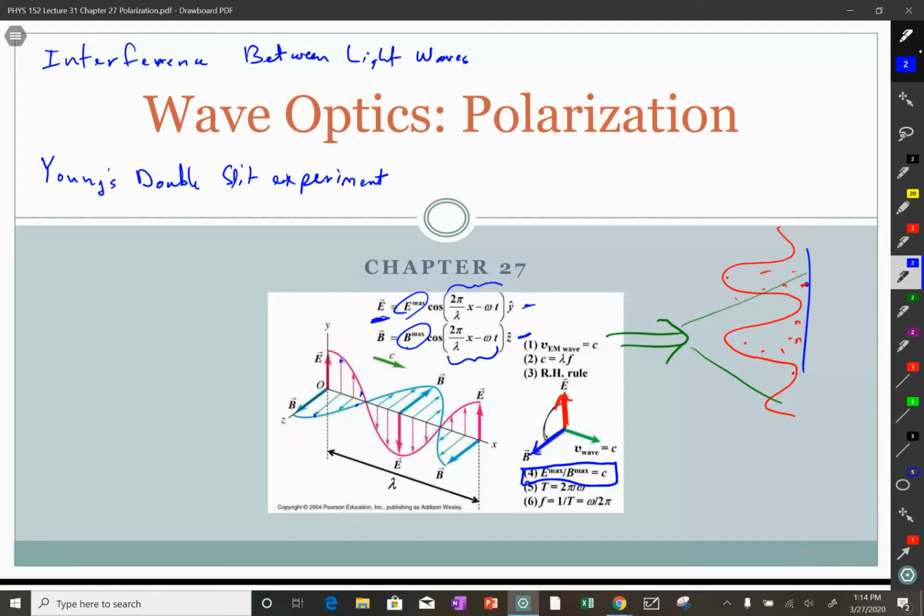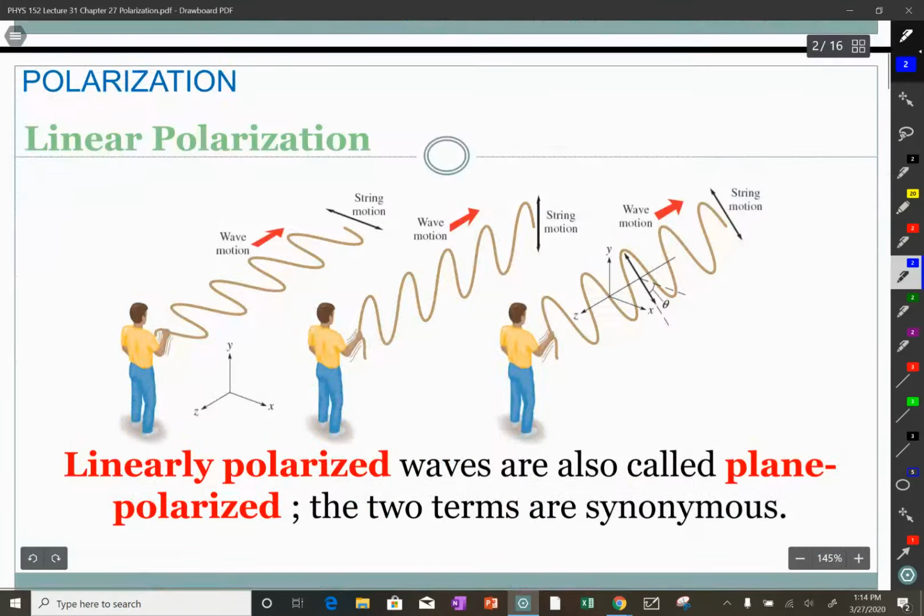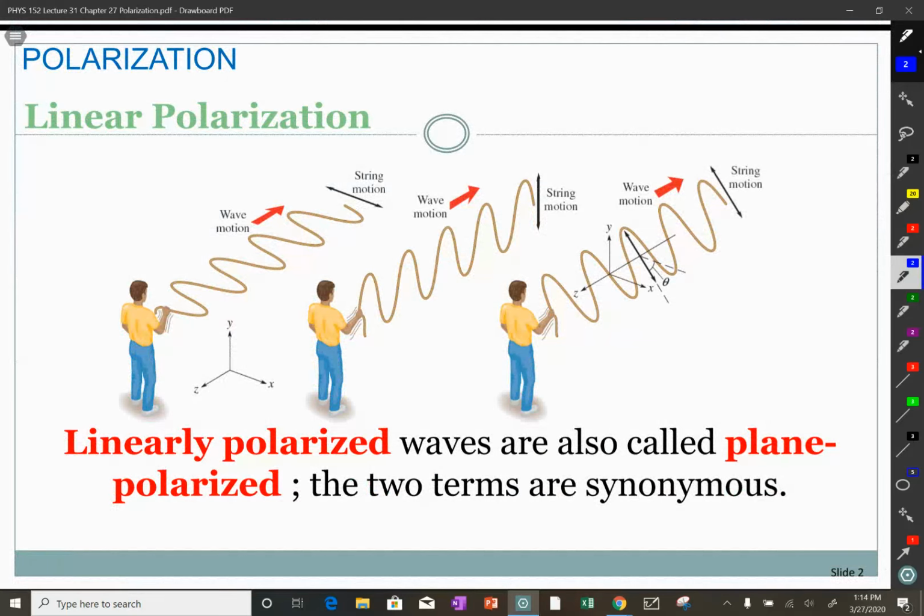Now, we're going to look at this to understand a new phenomenon, polarization. So if you have a wave on a string, you see in the first picture, the gentleman is waving the string in the x plane. And so he has a wave that's traveling the z direction with the displacement measured in the x direction.